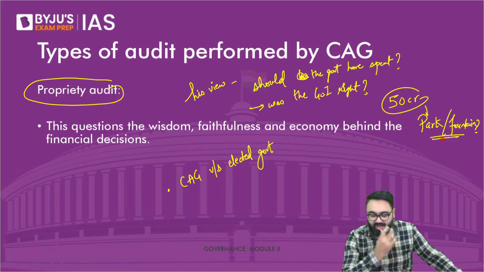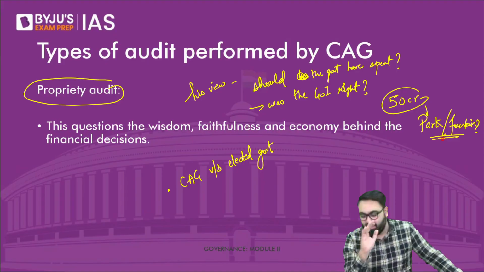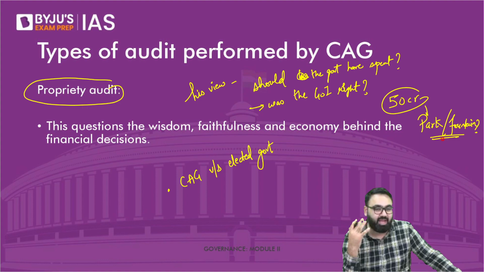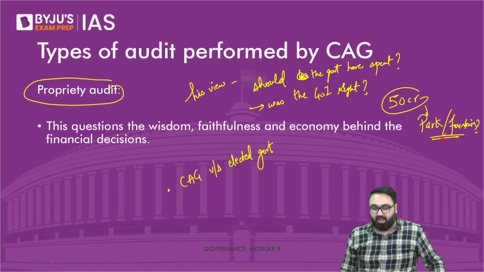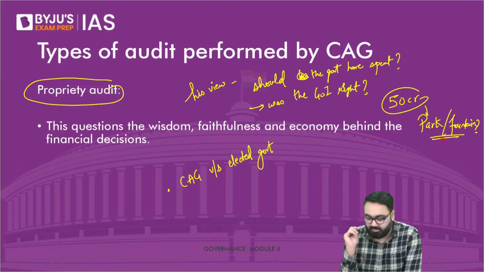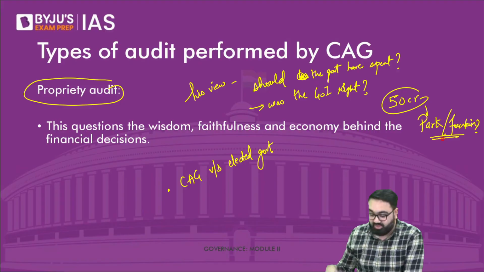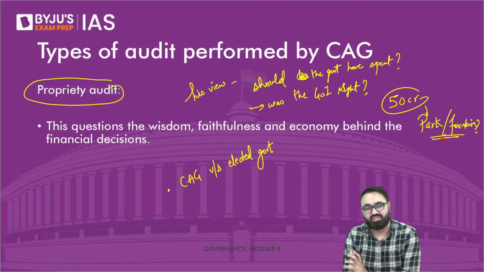Okay. Let me give you a real example, so that maybe that will help you form your opinion. The real example is of Uttar Pradesh. There is a person, Akhilesh Yadav.